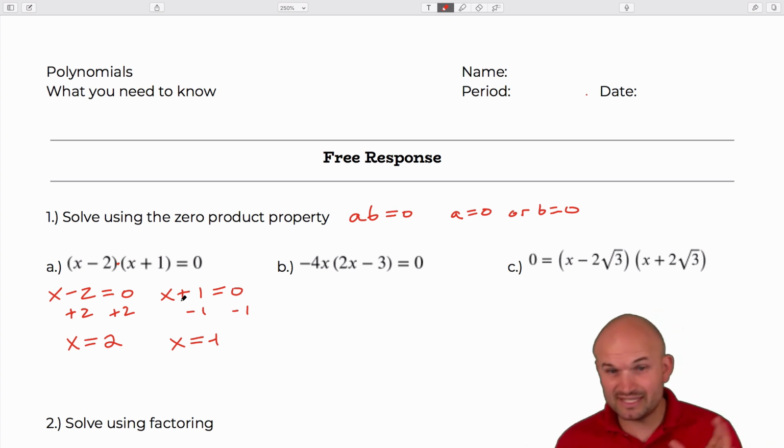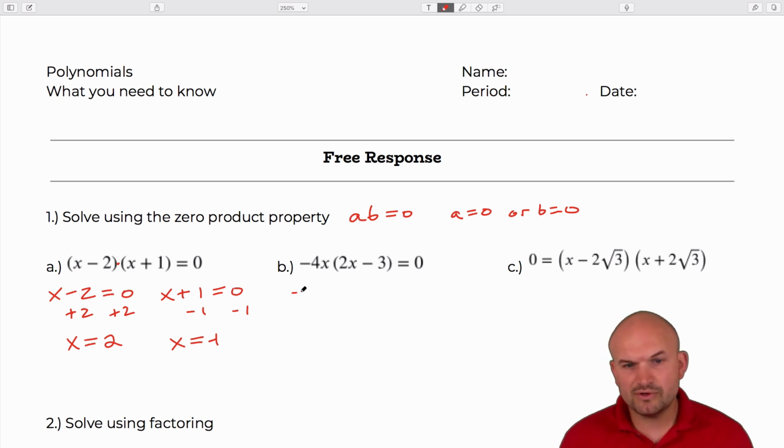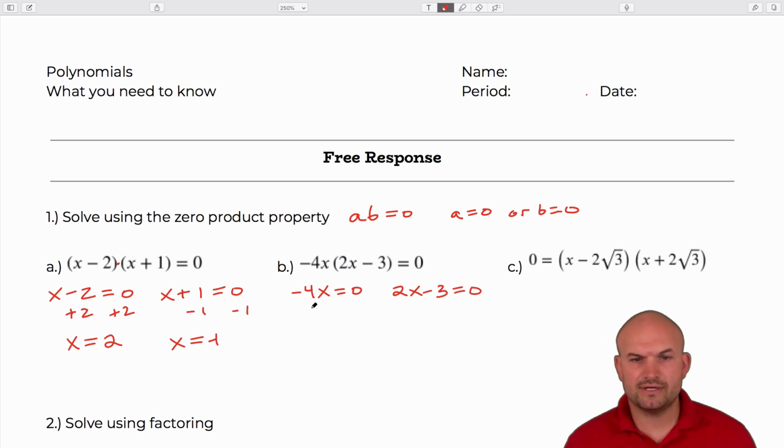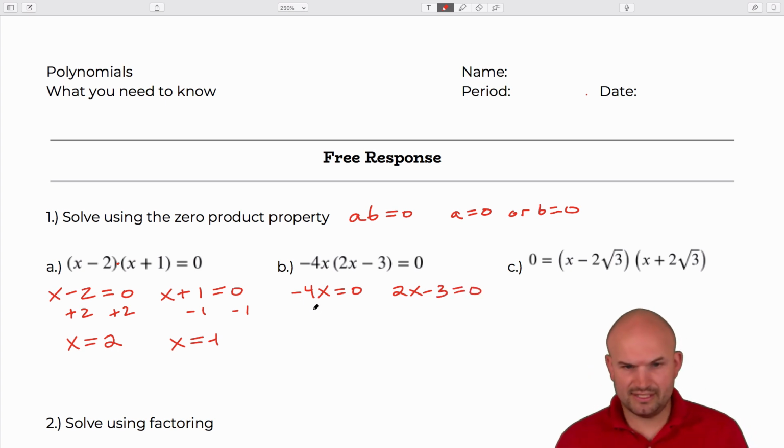Now, sometimes not everything's nice in parentheses. Notice here, though, we still have multiplication, negative 4x times 2x minus 3. So we're going to apply the same process. Negative 4x is equal to 0, and then remember, 2x minus 3 is equal to 0. Now in this case, using my inverse operations by dividing by negative 4 is not really going to change my answer, because 0 divided by negative 4 is just going to be equal to 0.